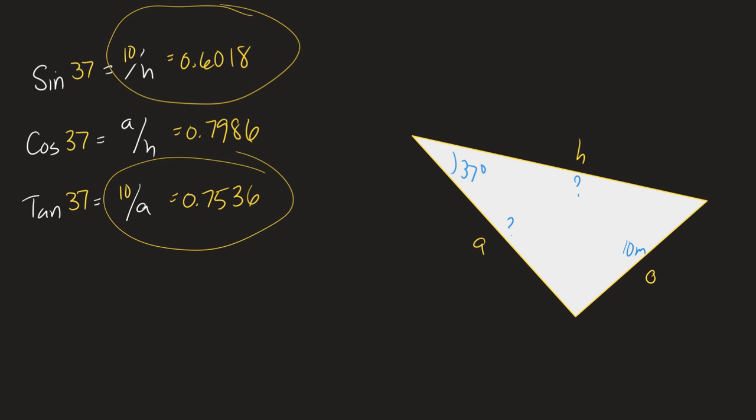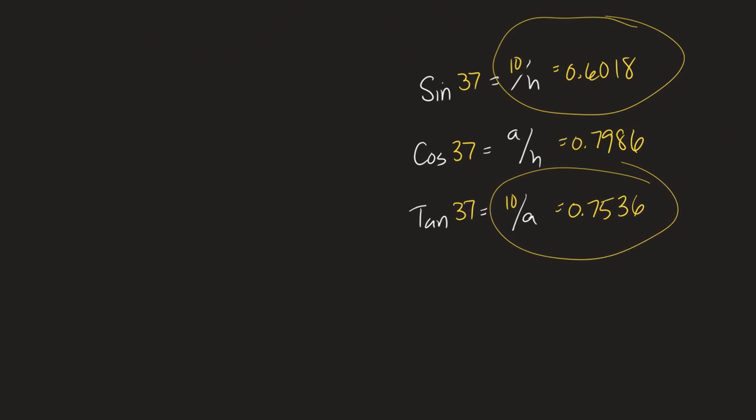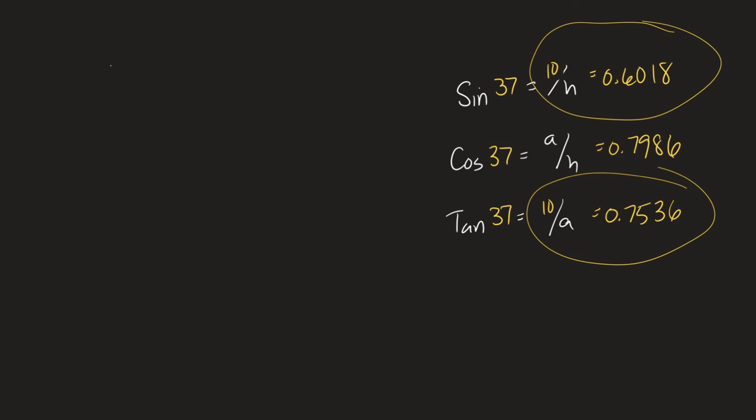So I will do that. And I'm going to do this for the student who needs it. I know they're out there. If you're that student, here's what you got to do. I'll multiply both sides by h. I'll cancel the h on the left side. I'll now divide both sides by 0.6018.